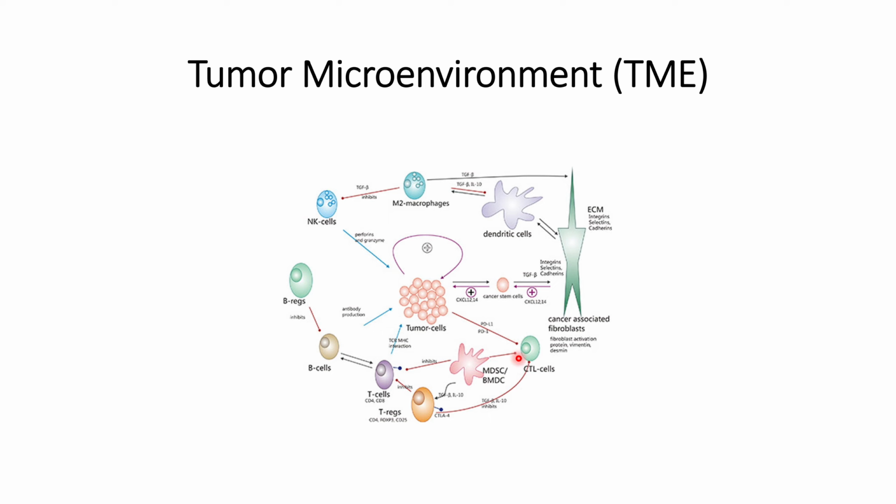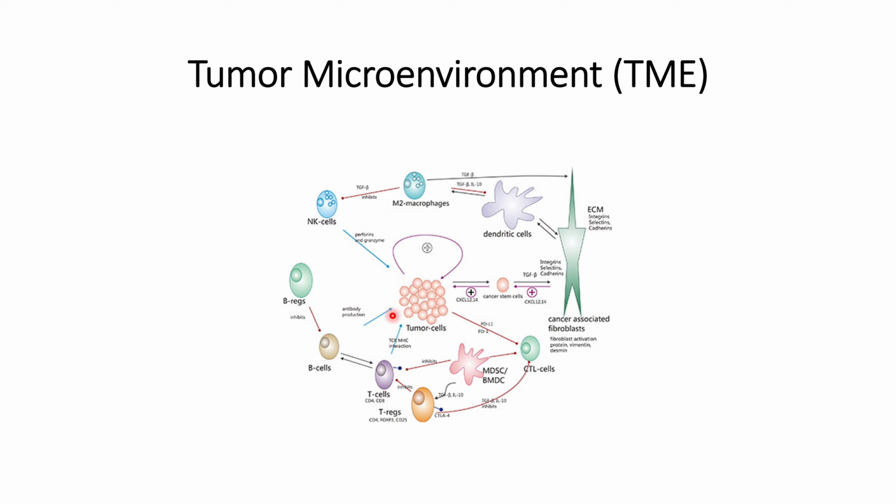So how these tumor cells work in this case is that they signal the immune cells for deactivation, and the CTL cells deactivate the T cells through the MDSC and BMDC pathway, and also through the CTLA4 receptors that inhibit T cell activation. Thereby the immune response through B cells and T cells also gets weakened.